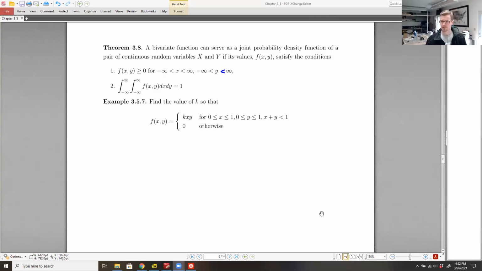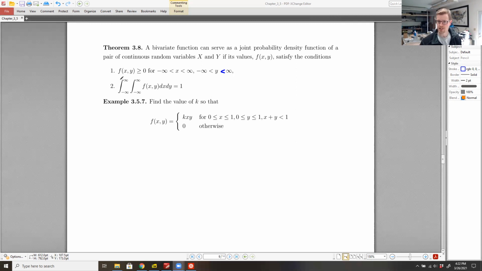Which are essentially the same conditions that we saw when we were looking at a probability density function, right? It still has to have a total area of 1, and it still has to be non-negative. So it's essentially the same thing that we've already taken a look at, but let's take a look at it anyway.